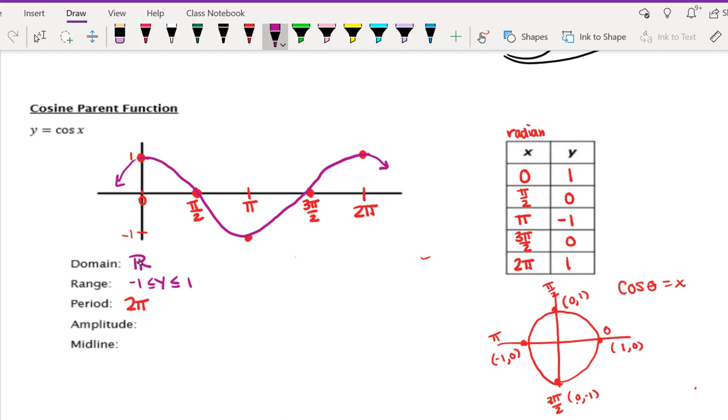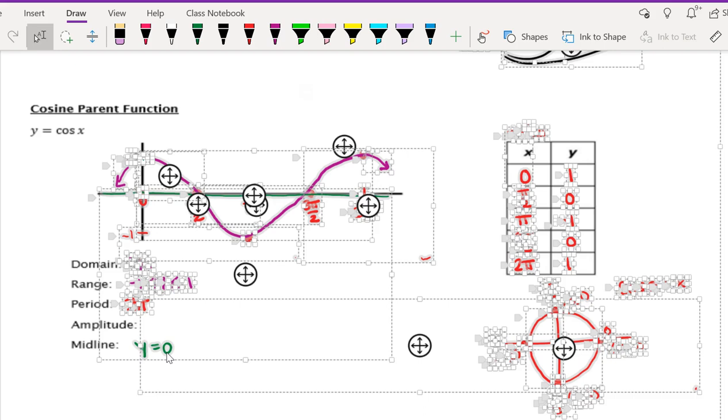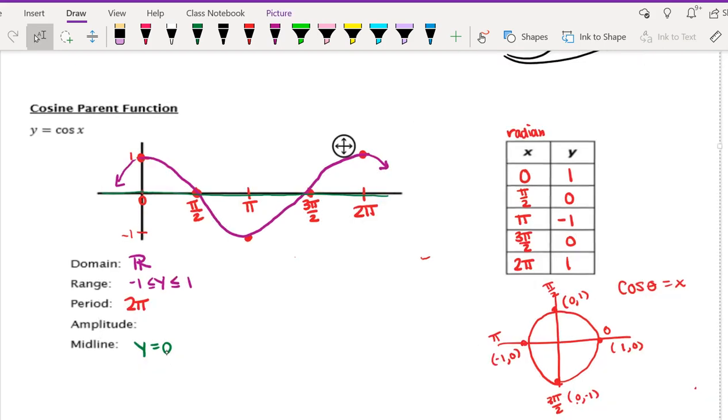My amplitude from the midline, so the midline again is that midway point between the max and the min. The midline is still y equals 0. And I only go up 1 unit or down 1 unit from the midline, so then my amplitude is a equals 1.